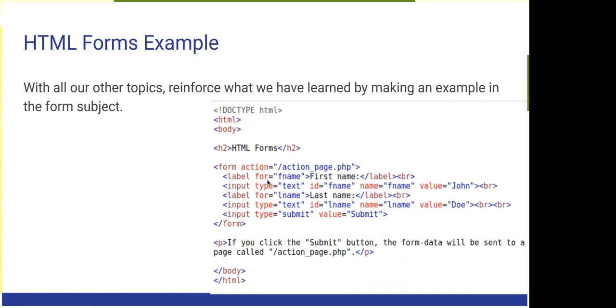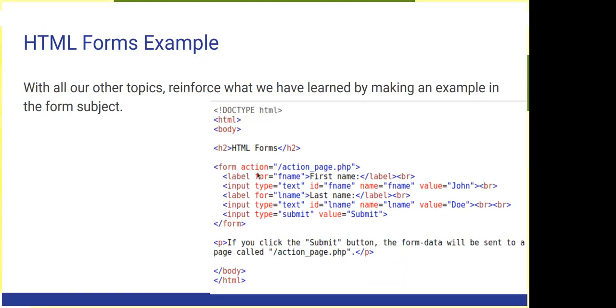And here the elements come. Label for f name, so first name. Here I close the label and add a br tag. Br tag means break tag. Break tag will take you to the next line. On the next line we put input type as text, ID equal to f name, name equal to f name, value equal to John, and a break tag.